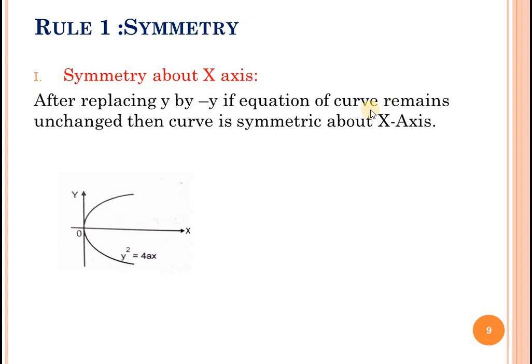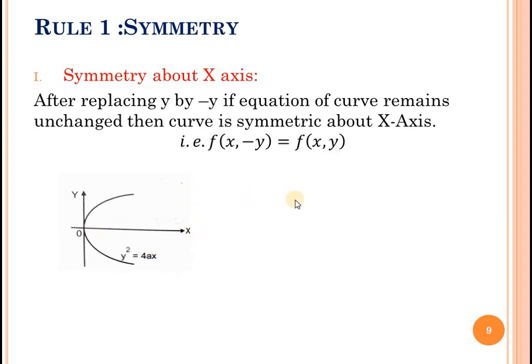If the equation of the curve remains unchanged, then the curve is symmetric about x-axis. Here I replace y by minus y, and minus y square is again plus y square. The equation remains unchanged and therefore the given curve is symmetric about x-axis. That is, f of x comma minus y is the same as f of x comma y.